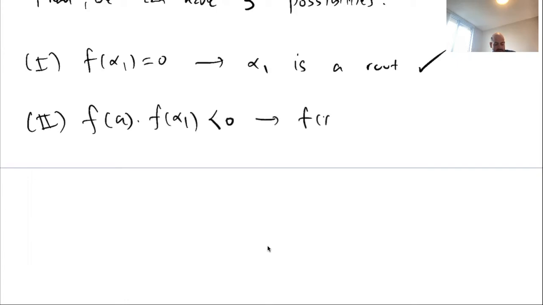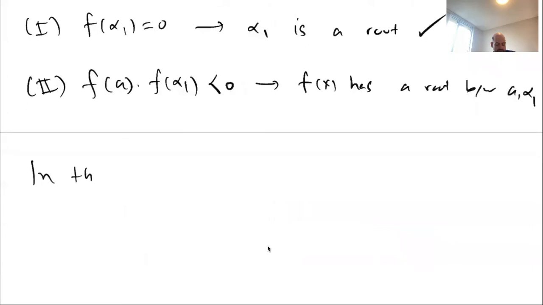then f of x has a root between a and alpha 1. In this case, consider alpha 2 to be a plus alpha 1 over 2.